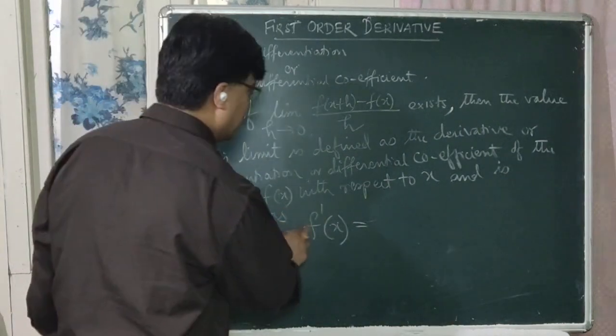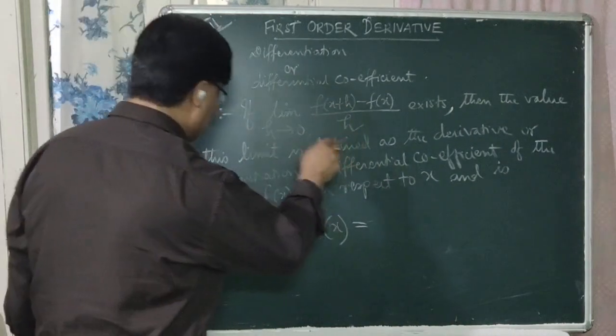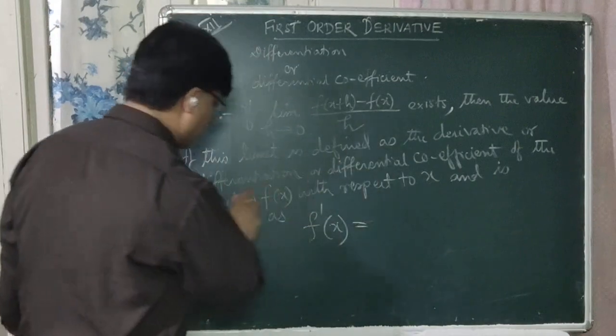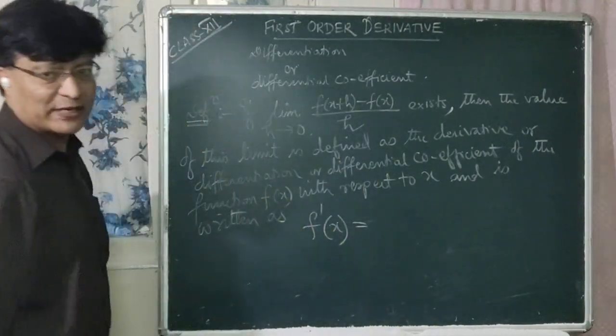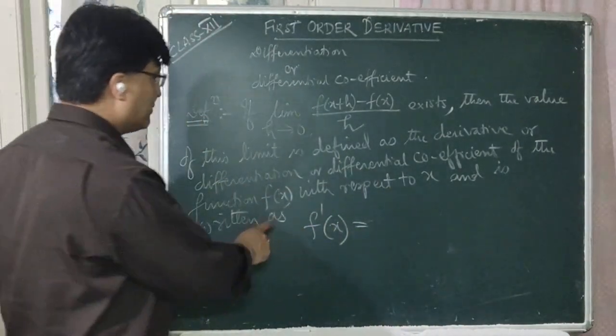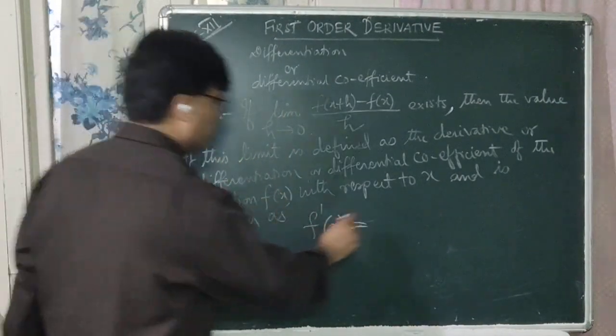That is, f dash of x means derivative or differentiation or differential coefficient of f of x with respect to x.